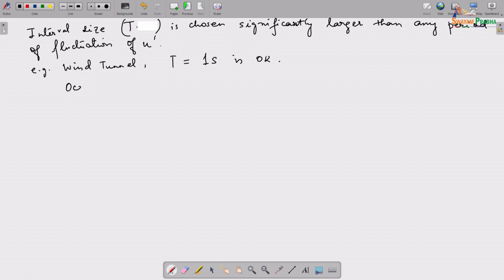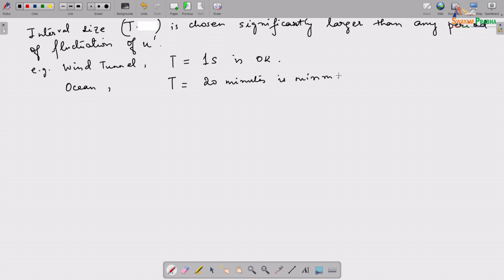However, in an ocean, or in an experiment where you are generating waves and trying to look at that, what sort of time interval should we look at? There, a minimum of about 20 to 30 minutes. About 20 minutes is actually the minimum, right.